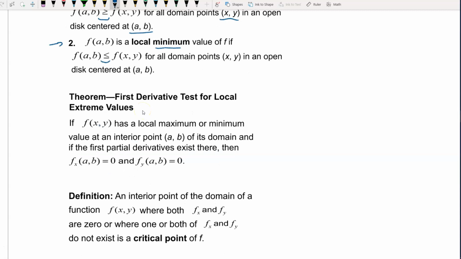First derivative test for local extreme values. If f of x, y has a local maximum or a local minimum value at an interior point a, b of its domain, and if the first partial derivatives exist, then the partial derivative of f with respect to x equals 0 and the partial derivative of f with respect to y equals 0 at this point a, b.